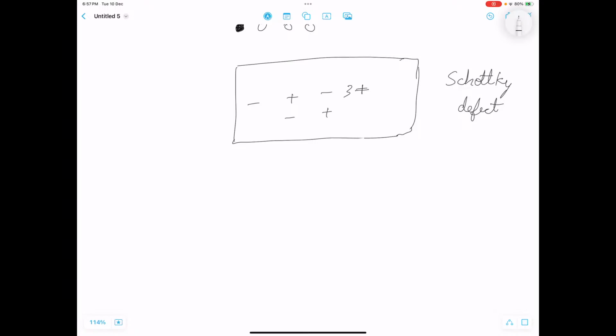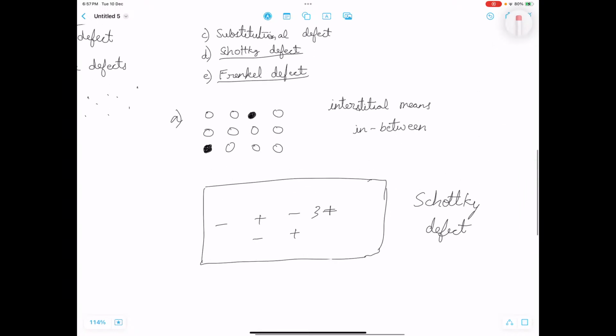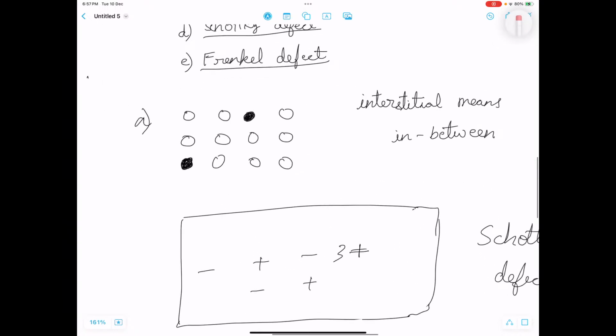Now let's come to Frenkel defect. This defect involves an atom being displaced from its normal lattice site to an interstitial site. It results in a vacancy and an interstitial defect. Let's take this example. Suppose there was an atom here before. It was a full set. And then suddenly this atom decides to go and sit here.